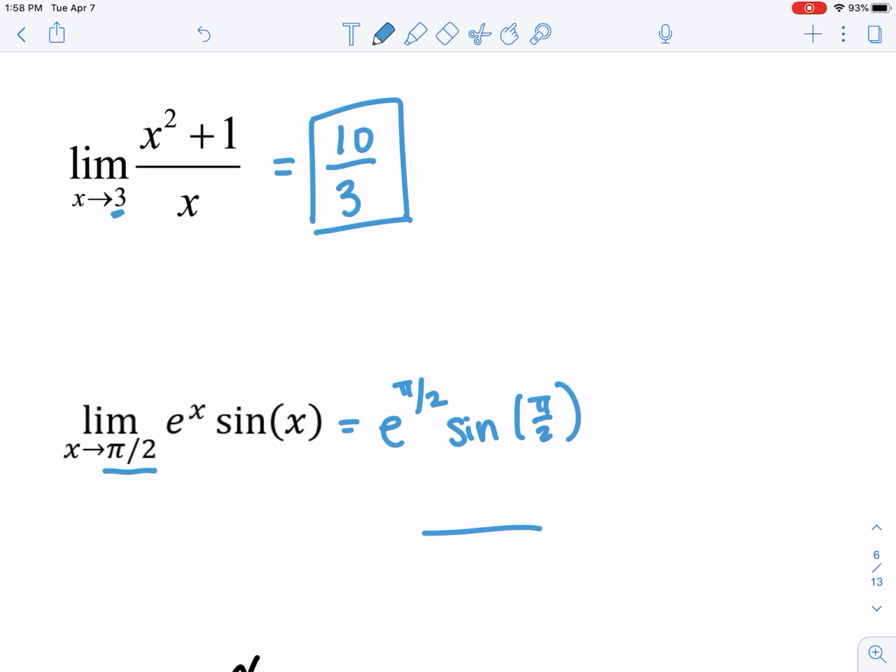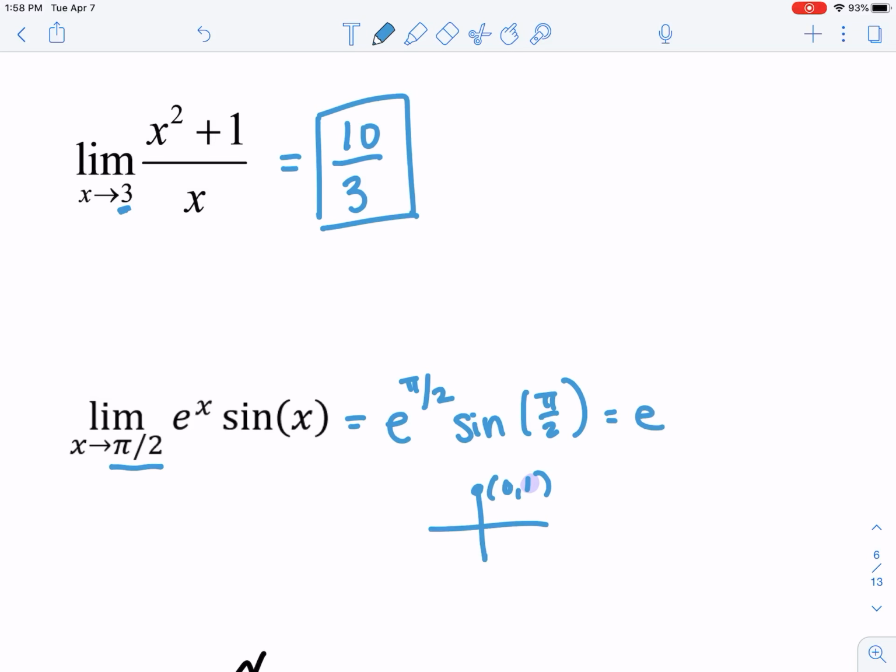Pi over 2, or 90 degrees, is right here on the unit circle. That's the ordered pair (0, 1). Sine is the y-coordinate, so sine of pi over 2 is what? It is 1, so I have e to the pi over 2 times 1, which is just e to the pi over 2.